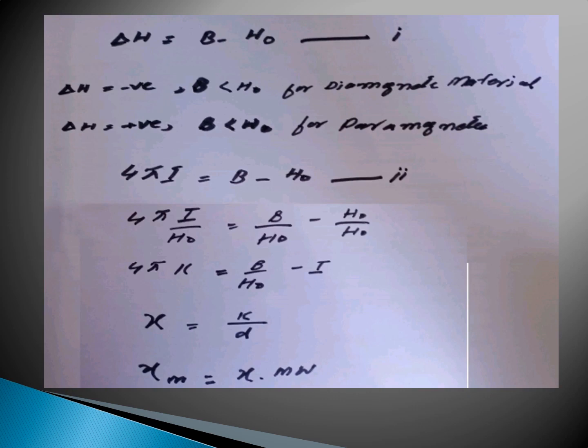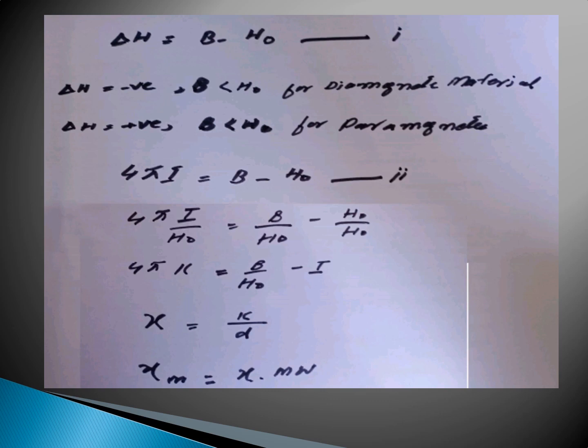There is another method to find magnetic susceptibility. When any substance is placed in a magnetic field, the field produced within the sample will be either greater or less than the applied magnetic field, depending upon whether the material is paramagnetic or diamagnetic.